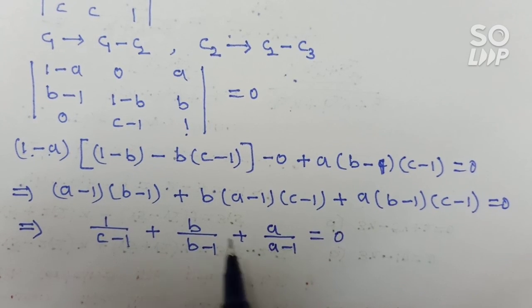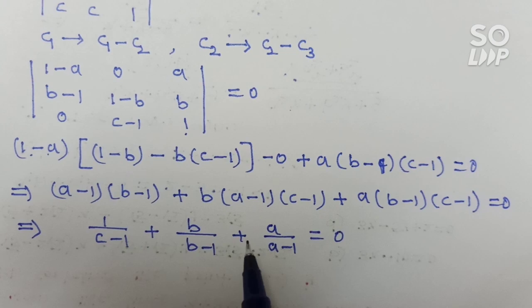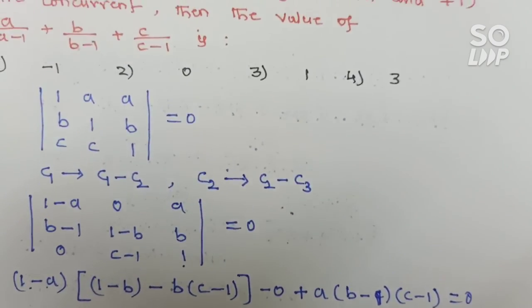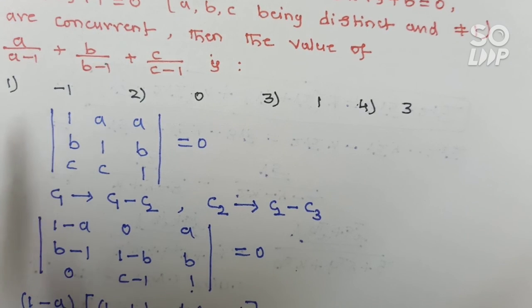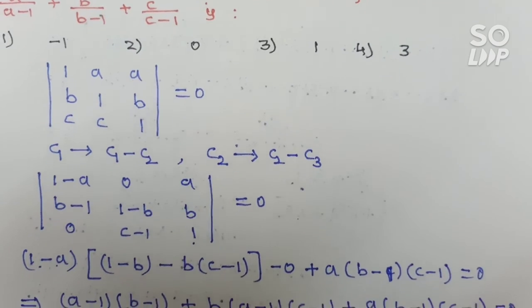After dividing, we get this value. But the required value you have to find is a by a minus 1 plus b by b minus 1 plus c by c minus 1.